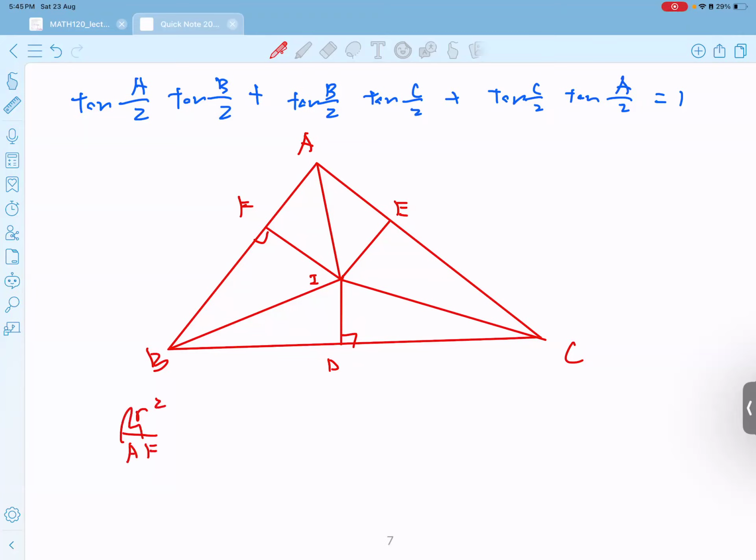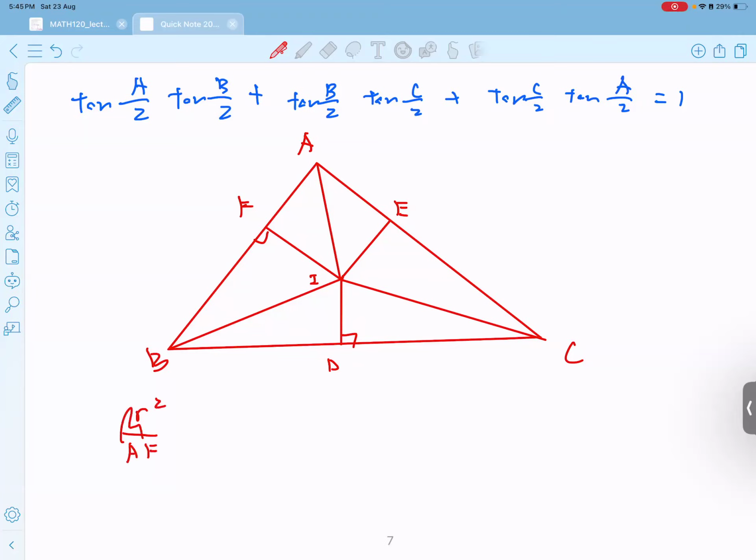To continue, we can just notice that we can do the substitution. I forgot the person's name, but remember these two are equal, and these are equal, these are equal.